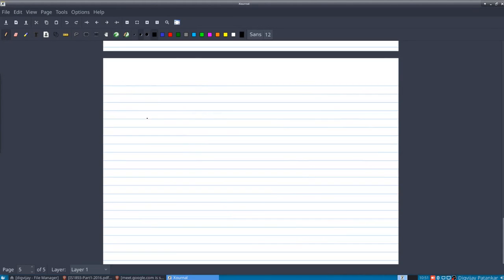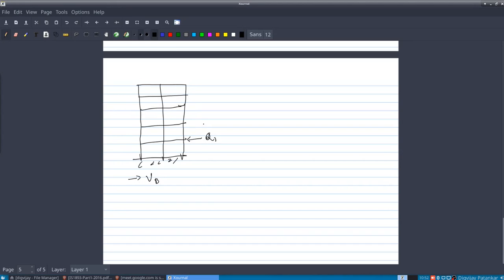So for this particular building, I calculated base shear Vb, and now I have forces Q1, Q2, Q3, Q4 and Q5.